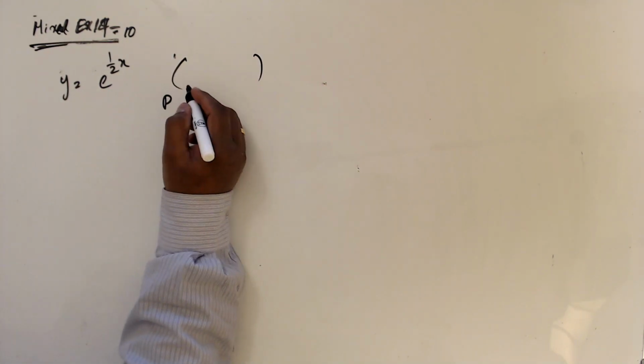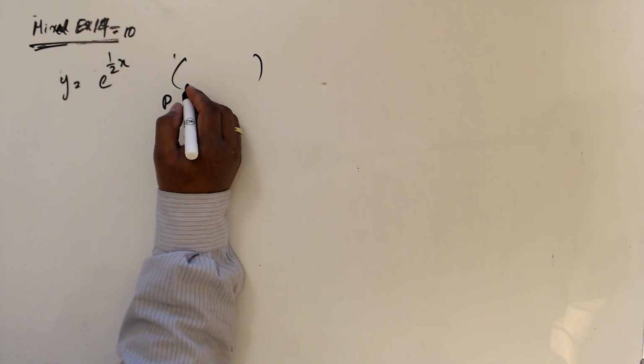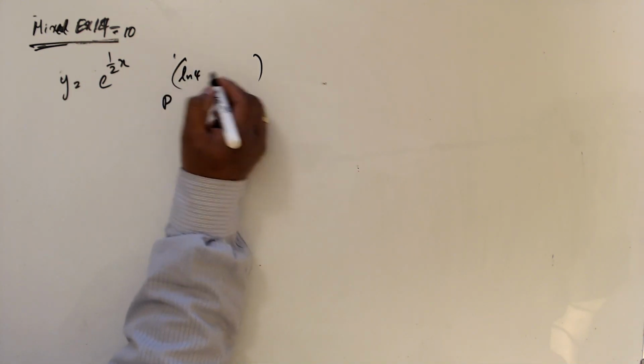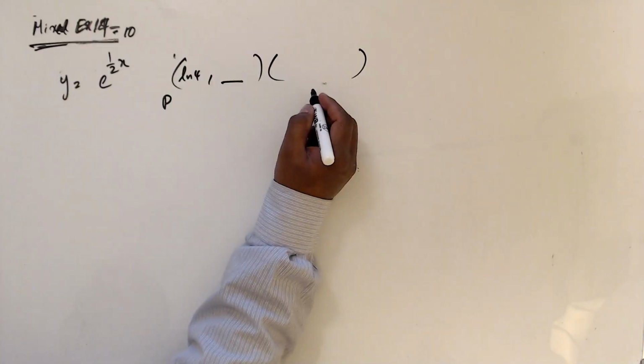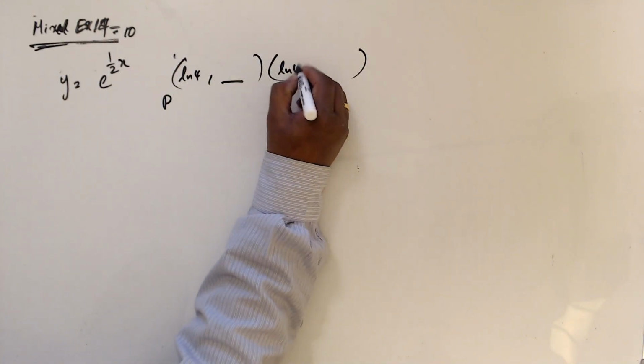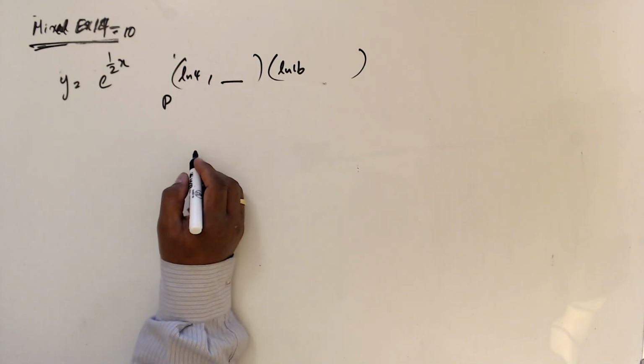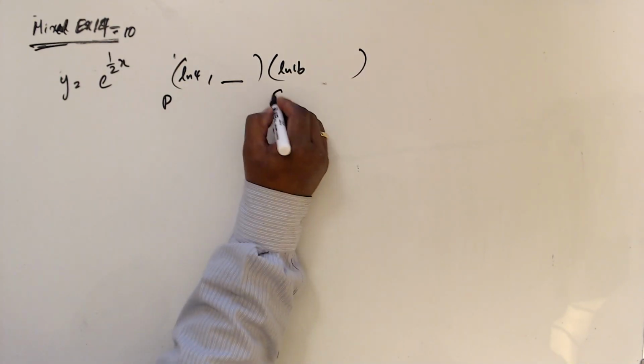So P's x-coordinate is ln 4 and Q's x-coordinate is ln 16. Now we need to find y.